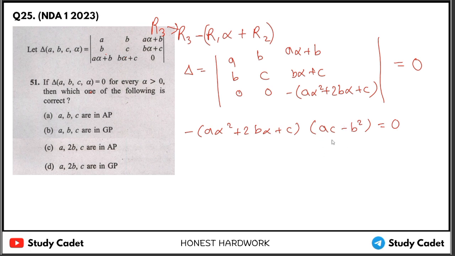So either AC minus B squared should be equal to 0 or this equation, A alpha squared plus 2B alpha plus C, should be 0. ABC are in GP. Yes, ABC are in GP. This option is right.